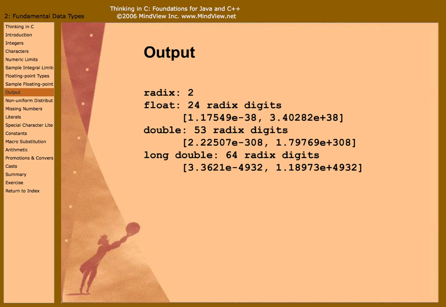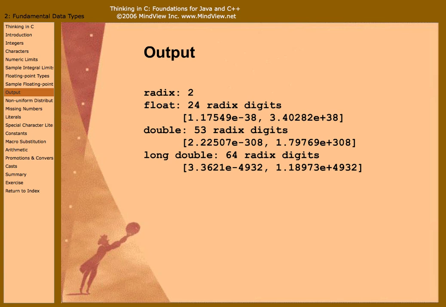And double and long double are different. So this is a pretty nice compiler vendor that was kind enough to give me a floating point system with 3 distinct flavors. The double, as you can see, gives you a lot more range, 10 to the 308th, and that's quite an improvement. And long double still uses 64 bits in the mantissa, but evidently the power has quite a bit more range too, because look what I get.